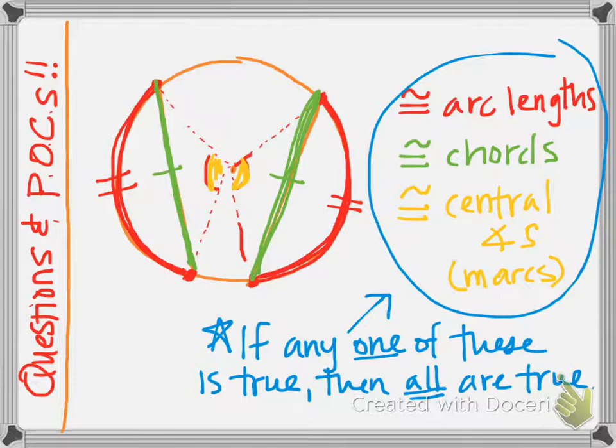Now keep in mind also, the radii are always going to be congruent, right? So that could possibly help you when you're solving these problems. And if you think about that, the two radii with the chords are going to create some triangles. By SSS or SAS, those two triangles are also going to be congruent.